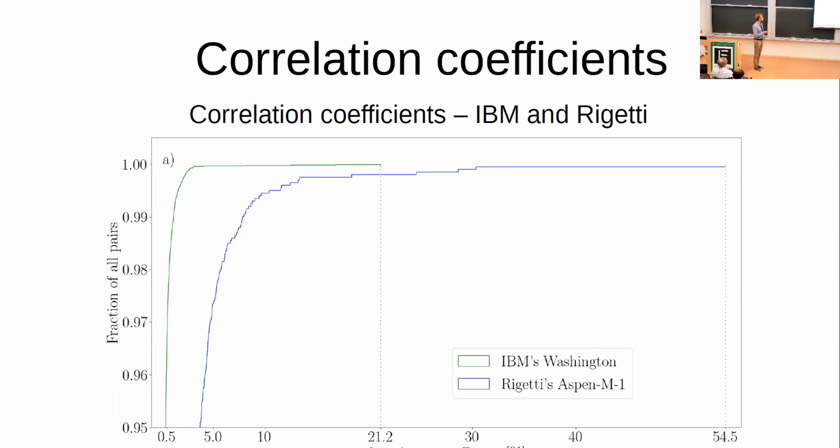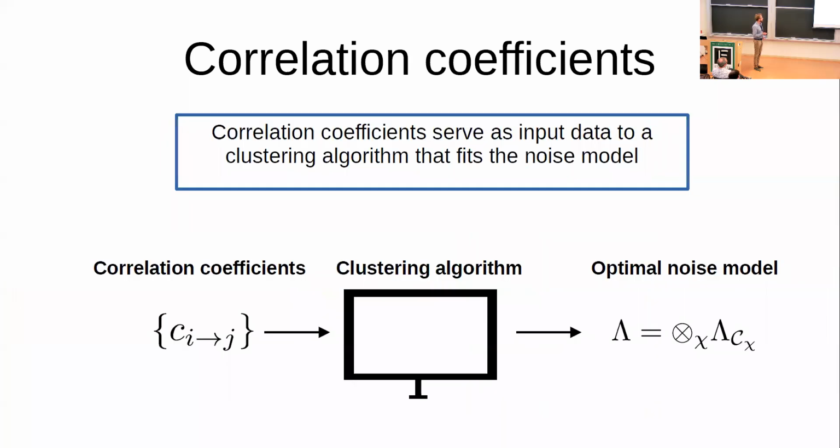Yeah, and so now we have calculated all those correlation coefficients. What we do now is run a clustering algorithm, because from those correlation coefficients we really want to reconstruct the noise model. You can think of this as a community detection problem, but there is one additional thing here.